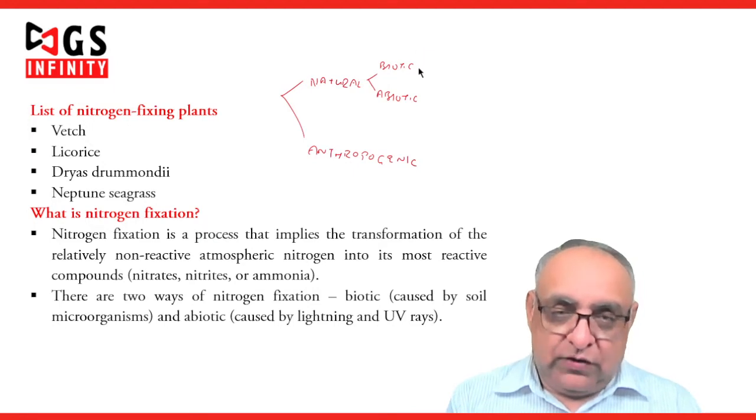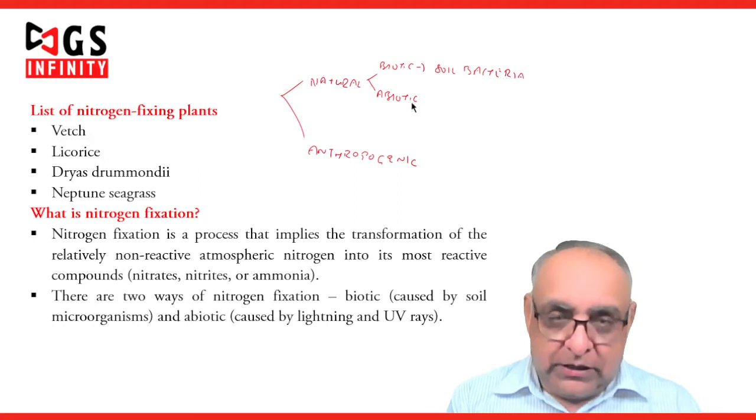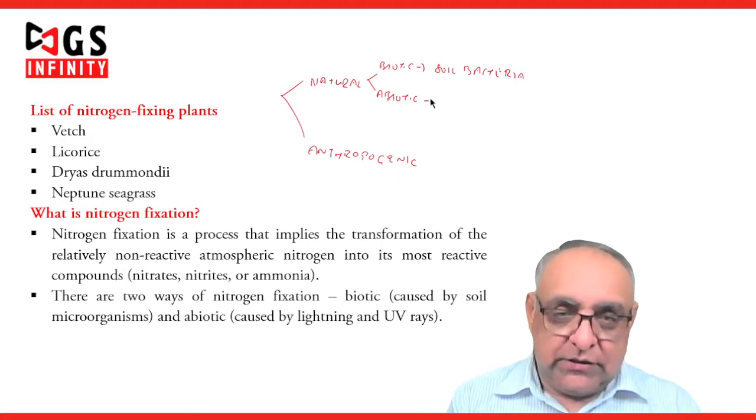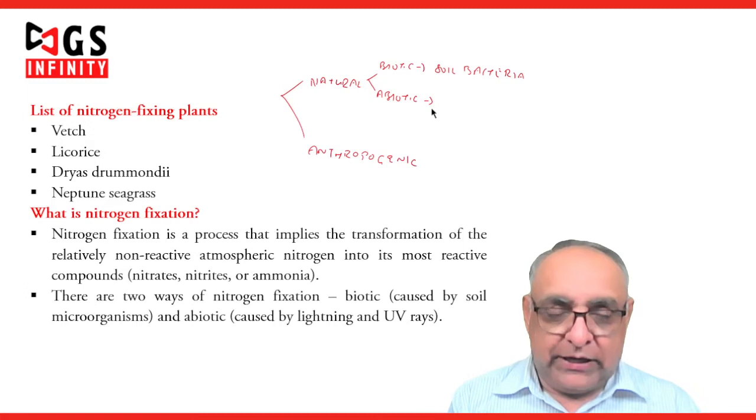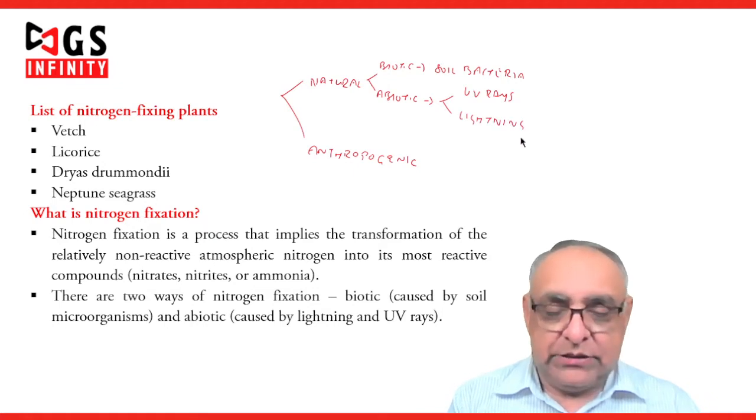In case of biotic method, nitrogen is fixed by various soil bacteria, and in case of abiotic method of nitrogen fixation, it is done by ultraviolet rays or lightning. So these are the two abiotic natural methods of nitrogen fixation.